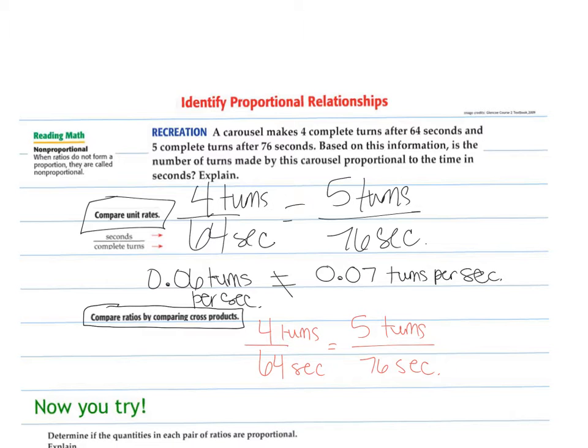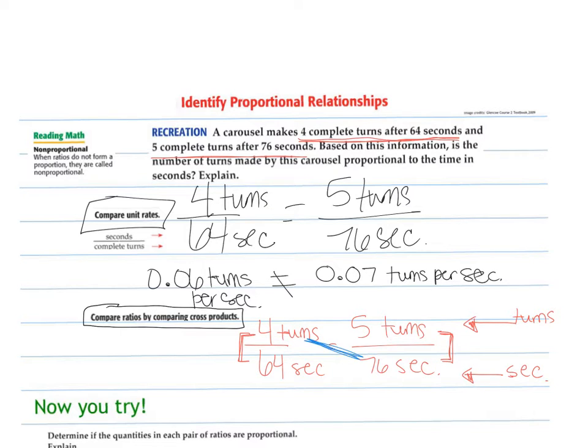Notice that I have my 4 and my 64 go together, and my 5 and my 76 go together, and I have turns on the top, seconds on the bottom. So when I set up a proportion, I have to have the same units on the top and the same units on the bottom. So we're going to compare by using cross products.